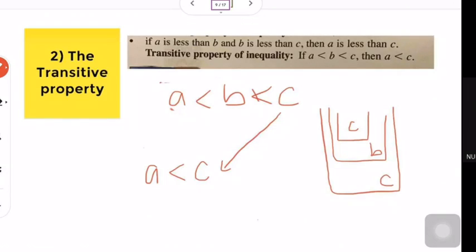And then from the transitive property, of course, you can also apply the converse property tadi. C is greater than A ataupun B is greater than A dan sebagainya lah. Understand? Simple je property ni, right?